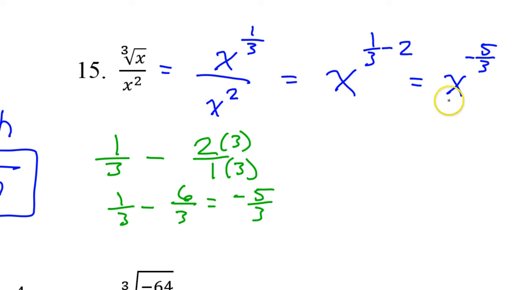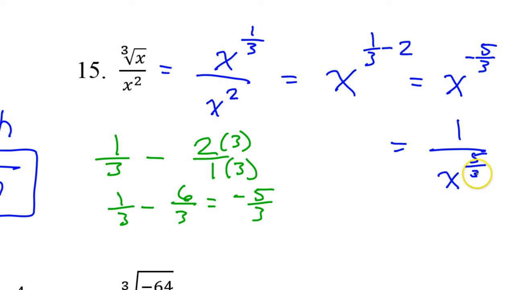What do they do? What does a negative power do? It makes it into a fraction, right? It's going to just drop you down into the denominator. So this is just going to be 1 over x to the 5/3 power. And then because the original problem was in radical form, I'm going to put this back into radical form again.